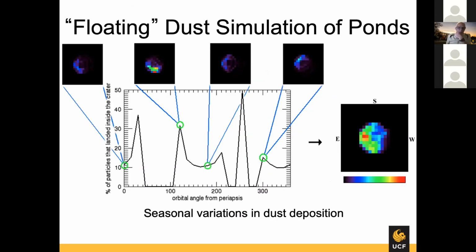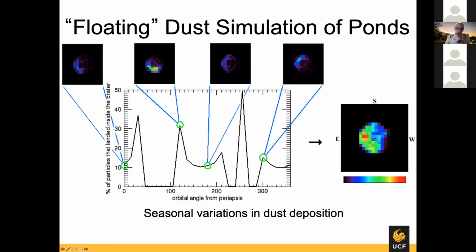So we did simulations of floating dust and let Eros rotate and launched dust particles off the surface and then precipitate into craters or wherever they ended up. And in fact, they did end up landing in craters, shown by the sort of heat map that you see here on the right, that shows over time you sort of get a preferential deposition of the particles in a crater. It doesn't really look exactly like those dust ponds.